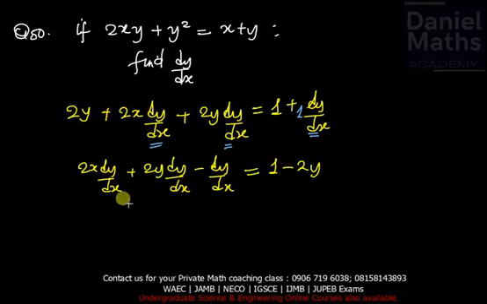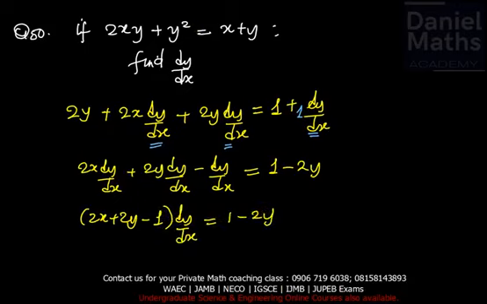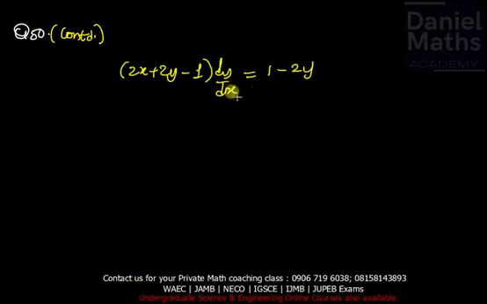And then if I go further, this is the dy/dx, this is the dy/dx, this is the dy/dx. So dy/dx is going to be a common factor here. This gives me (2x plus 2y minus 1) times dy/dx equals 1 minus 2y. So I'm going to go ahead to find dy/dx.